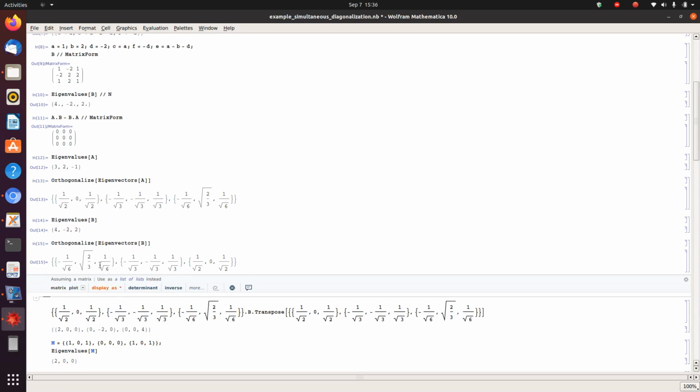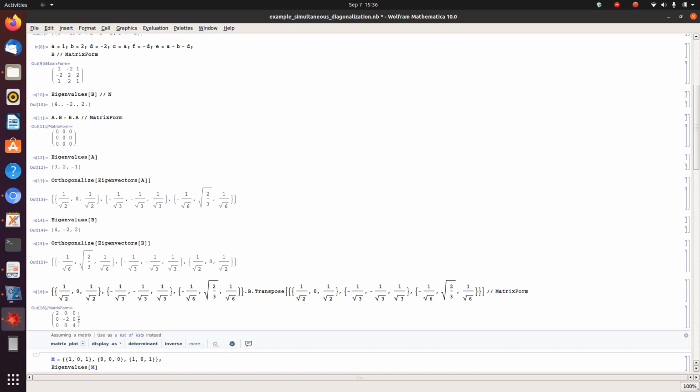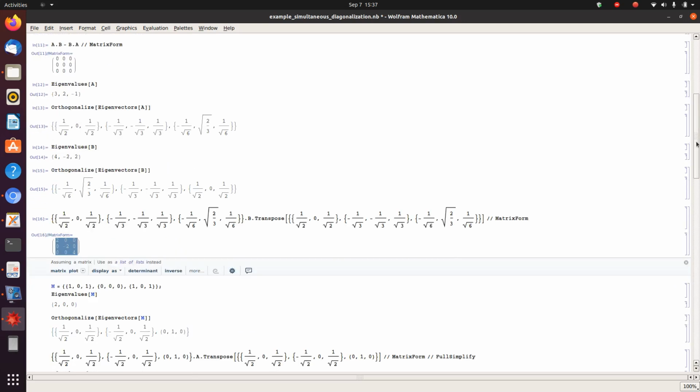Ideally, I want each vector to be written in a column, but Mathematica writes them in rows. That is why instead of S dagger B S, I am doing S B S dagger. When I do that, I get a matrix. Let me write it down in matrix form. This is a diagonal matrix 2, minus 2, 4, which is exactly the eigenvalues of B. So, in this basis of eigenvectors of A, when I write down B, I get back the diagonal form, and that is already proven because they have the same eigenvectors. That is what happens when two matrices are commuting.